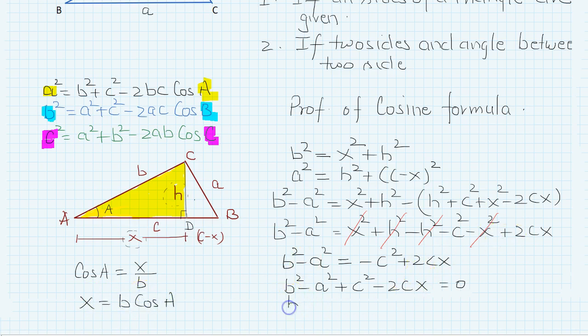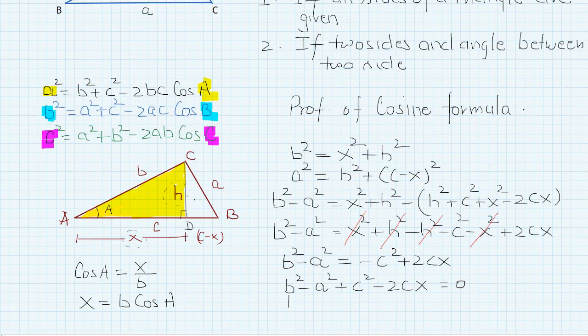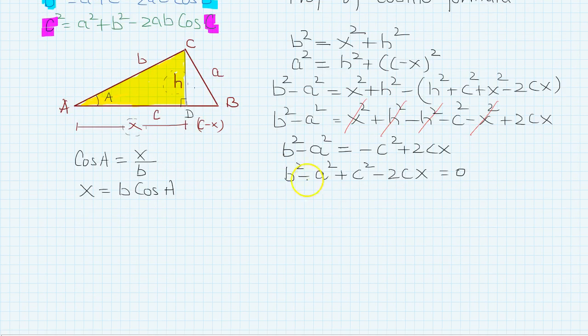So b square minus a square plus c square minus 2cb cos A is equal to 0.